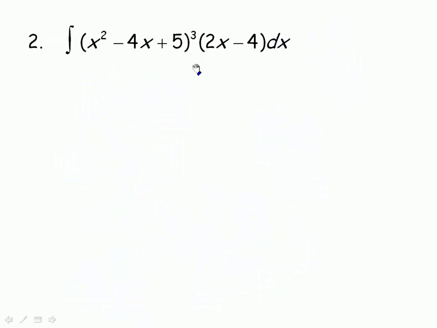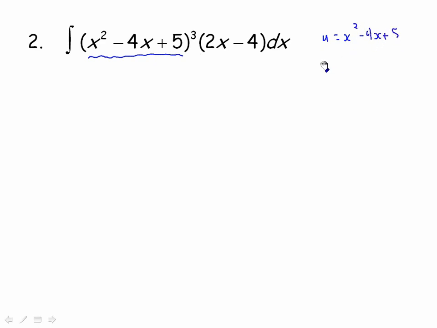Now, number 2, the composite part of the function and also the bigger exponent is this term right there. Because that's the one that's the problem, because it's to the exponent of 3. So off to the side, I do kind of the same thing that I've always been doing. u is equal to x squared minus 4x plus 5.